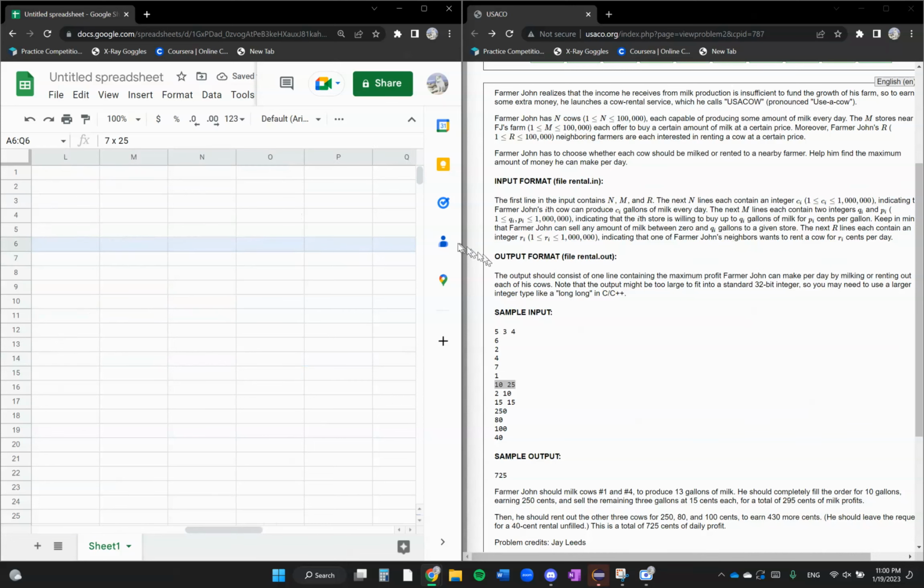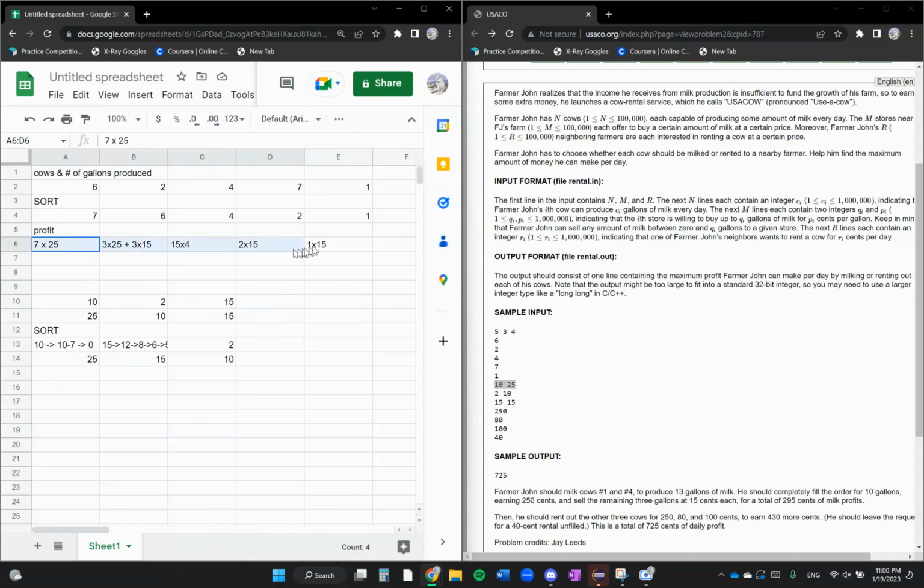So we have it now. We have an array profit, which details the profit if we sell all the milk of each cow. And if there's a lack of stores or a lack of milk, we're just going to stop. So there's really nothing to worry about.